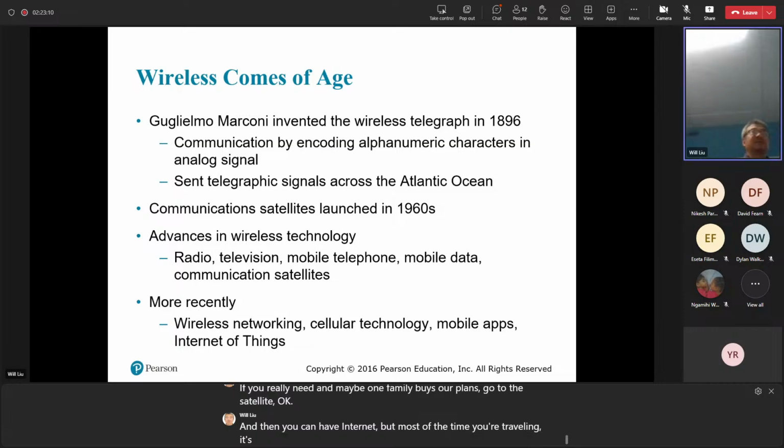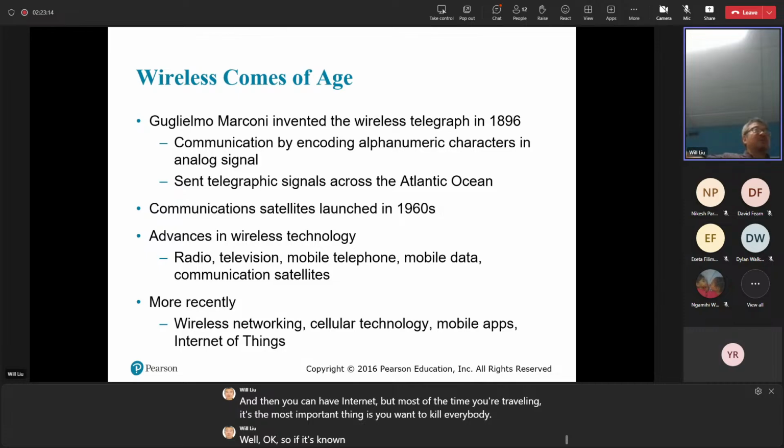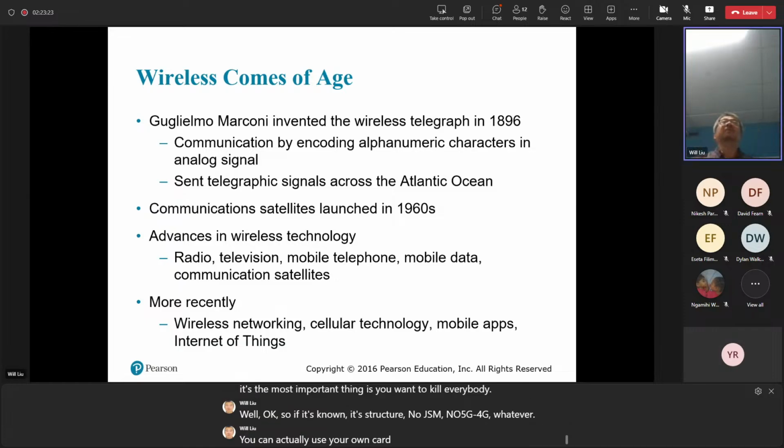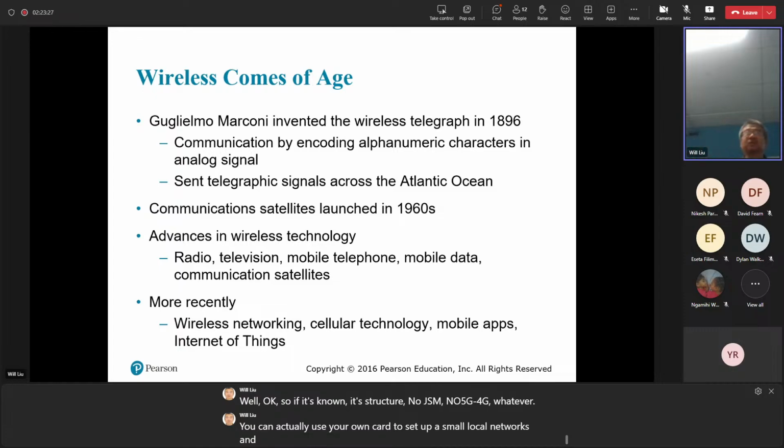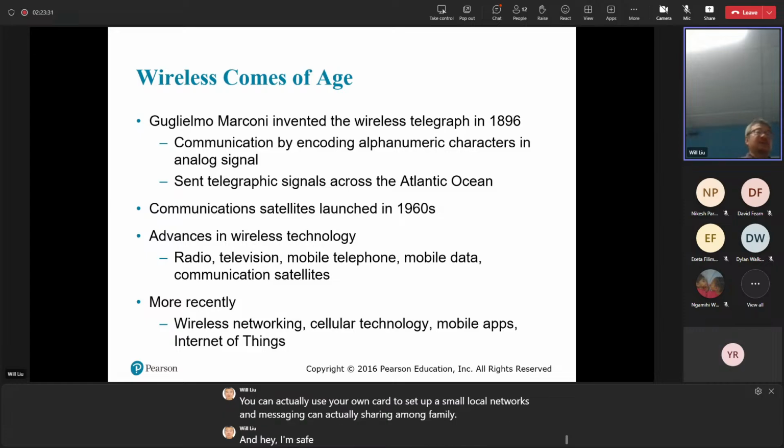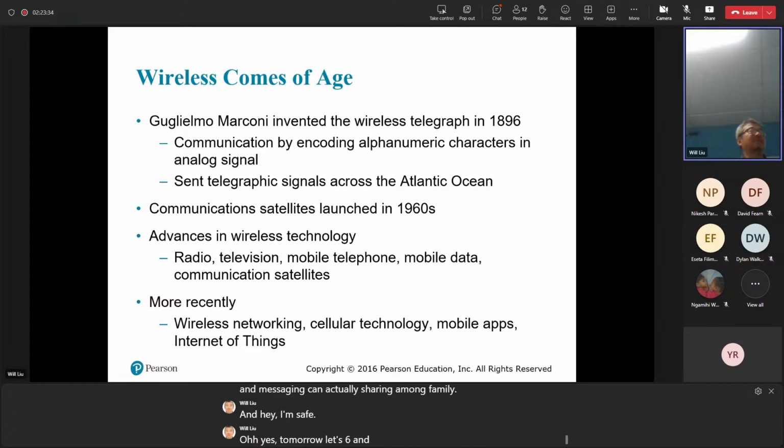The most important thing is you want to keep everybody well. So if there's no infrastructure, no GSM, no 5G, 4G, whatever, you can use your own car to set up a small local network, and messaging can be shared among the families. You can say, hey, are you safe? Oh, yes, tomorrow let's get up, we can play something together.